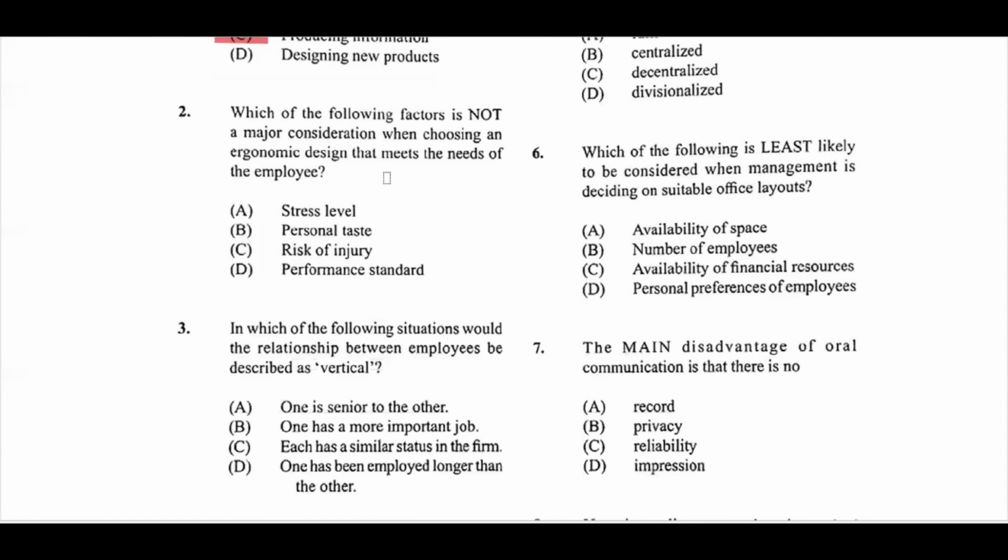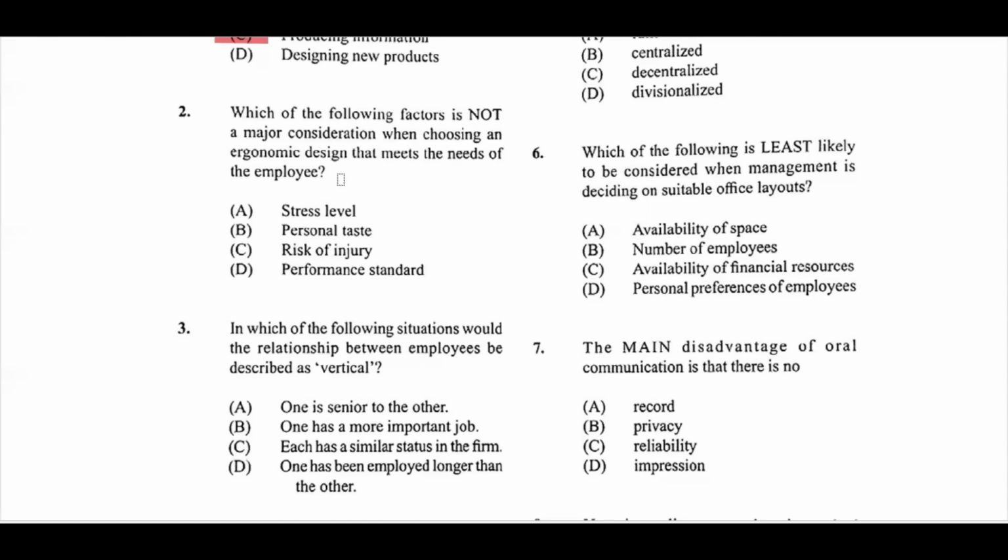Which of the following factors is not a consideration when choosing an ergonomic design that meets the needs of the employee? Remember, ergonomics has to do with the science of having the workers, the employees, being comfortable when they are on the job. That entails the lighting, the furniture, the temperature. Is it too hot? Is it too cold?